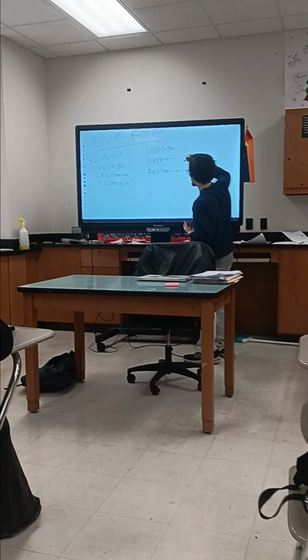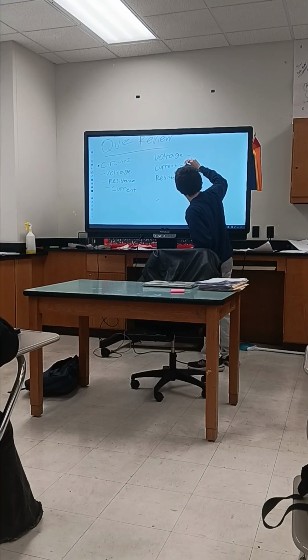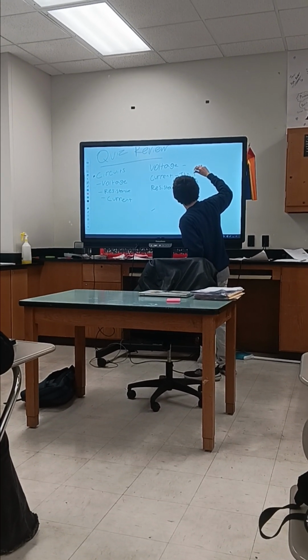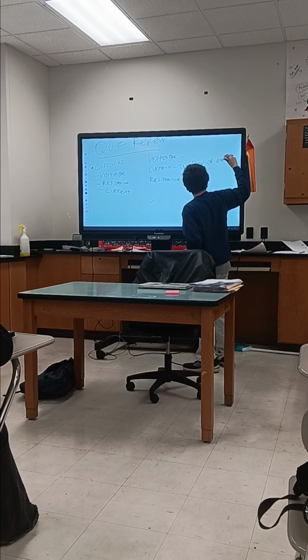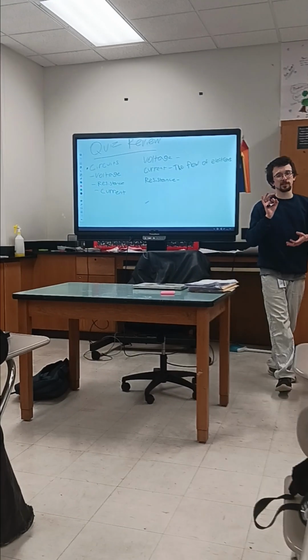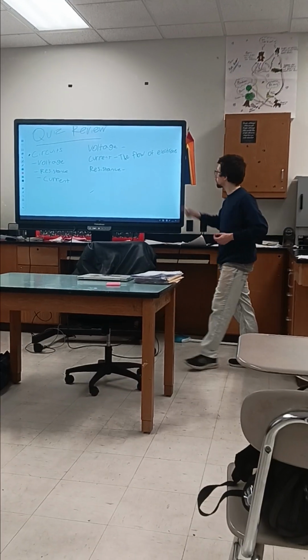Now, if we want to be a little more formal, a little more proper, we might define current as the flow or the movement, don't mind my writing, the flow of electrons. So remember electrons, those little tiny particles, those negative charges moving in the wires.